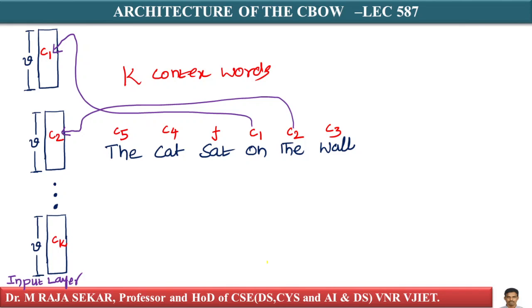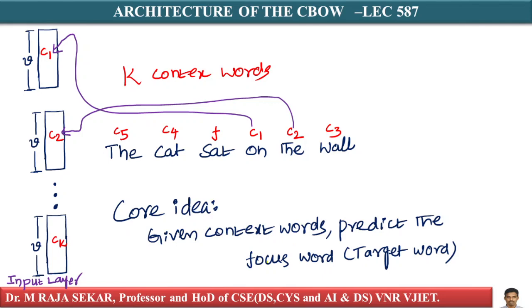So in Cbow, what we will try to do is this. What is the core idea? The core idea of Cbow is: given context words, can we predict the focus word? Because we agreed that there is a lot of information about the focus word, that is the target word, which is present in the context words.